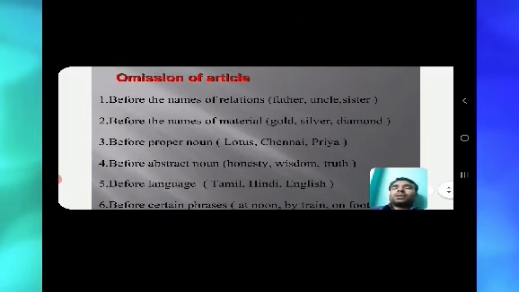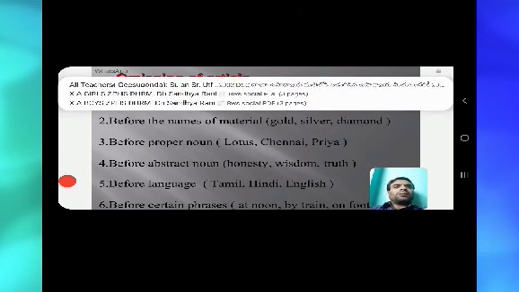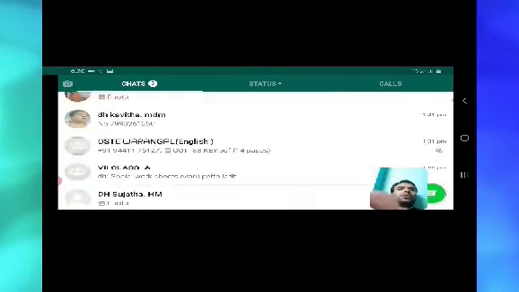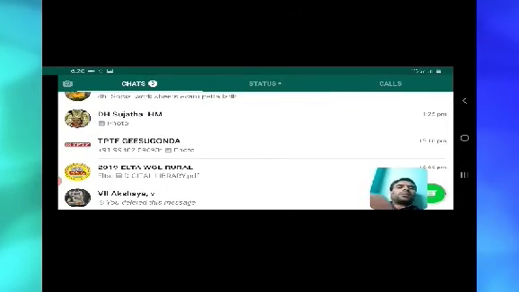A and the should not be used before the relations. Before the names of materials like gold, silver, diamond. And third, before proper nouns like Lotus, Chennai, Priya, names of a person. When such kind of things are mentioned, we should not use articles.